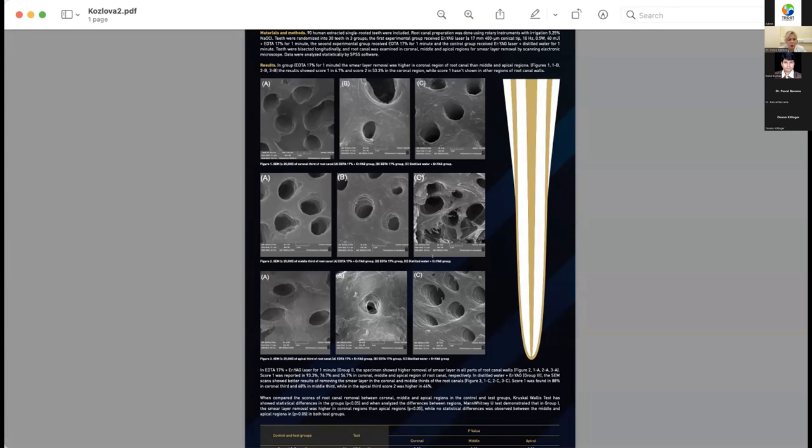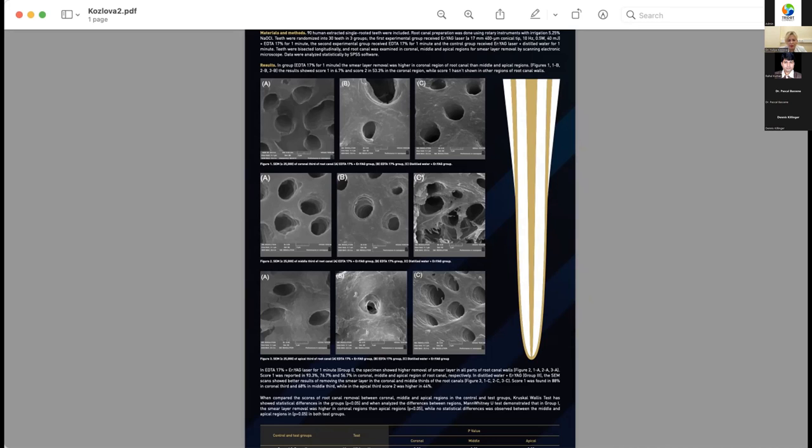When we compared the scores of smear layer removal between coronal, middle, and apical regions, what we can see is the root canal here, and these are the electron microscopy pictures from the coronal, the middle third, and the apical third. This group is just distilled water with Erbium YAG, which was group 3.